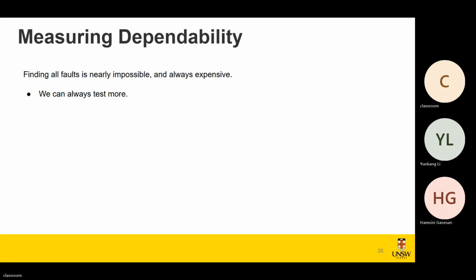So it's almost impossible to find all faults, and it is too expensive to find all faults. So this means that we can always test more. So we must establish some criteria for us to stop testing, to tell that okay, the system is dependable enough.